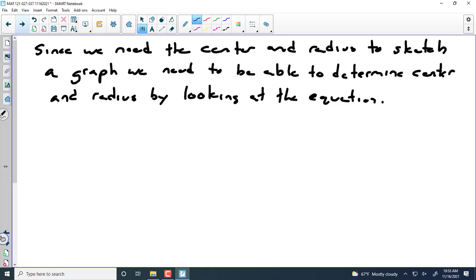If the two things we need to draw one of these are the center and the radius, then there needs to be a way to look at the equation and just pull the center and radius off of it. So, here is an example of an equation of a circle.